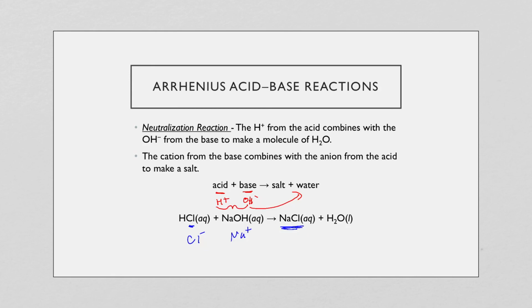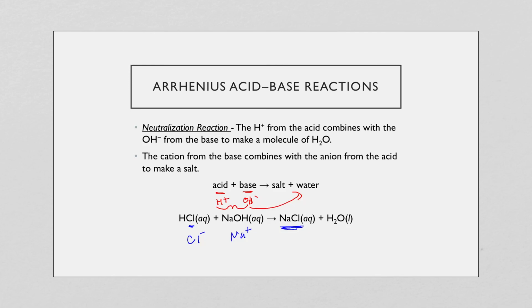And so you'll often see an acid-base neutralization reaction summarized as an acid plus a base gives you a salt plus water. A salt just being another term for an ionic compound. And so this is your classic Arrhenius neutralization reaction.